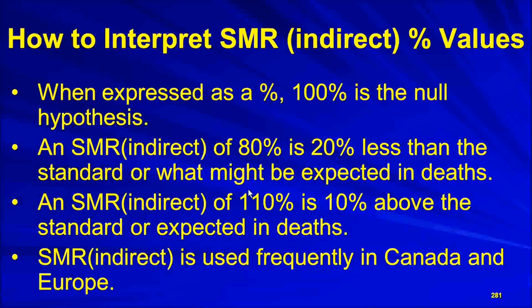Because it's frequently used in Canada and Europe, because those are places where we do not have age-specific, race-specific death rates. All we have is for each age-adjusted group. Okay.